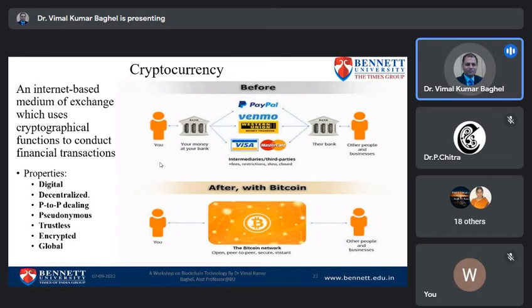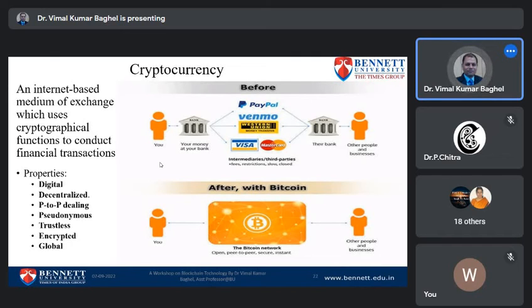If we talk about before the cryptocurrency, many of us know about PayPal, Visa, MasterCard, or Western Union. They were the middlemen between the customers. But now there is no one between the customers, between the two parties.